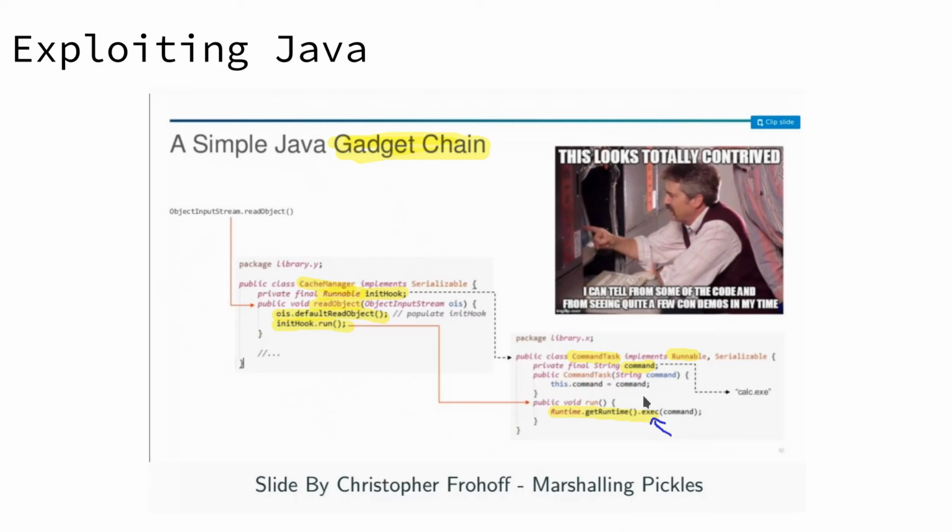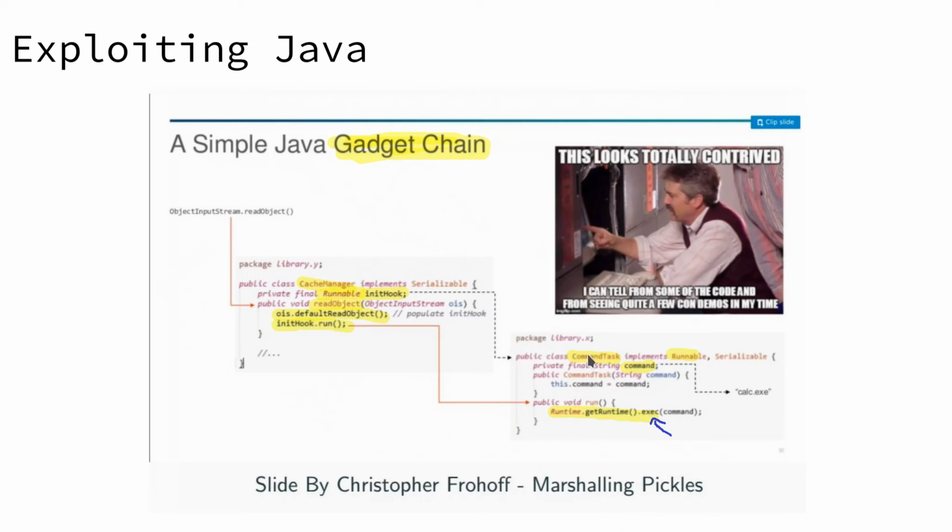So our gadget chain in this case would be: set a CacheManager, set the initHook to a CommandTask. In that CommandTask, set the command to, for example, rm -rf / or something you wanted to do, and then serialize that, send it to the server, which deserializes it.